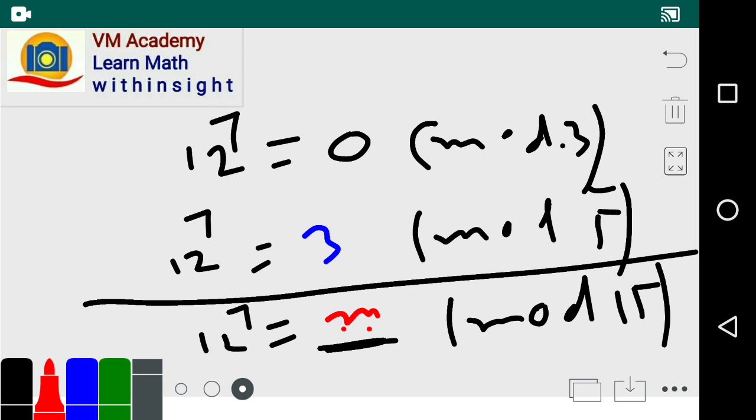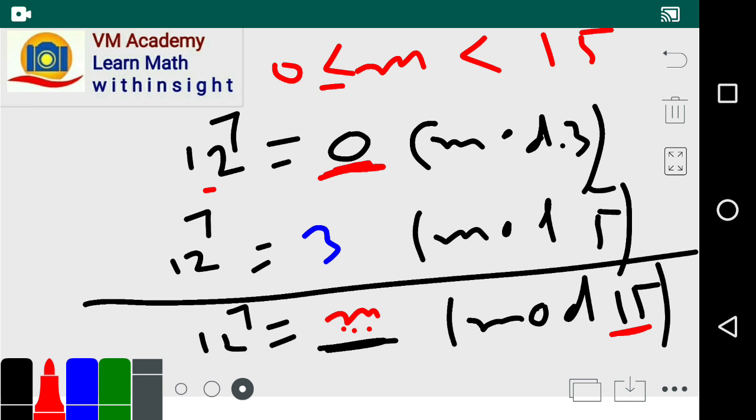This m lies between 0 and 15, because this is the standard remainder, friends. Now 12 raised to 7 and m also satisfy these equations, friends. That means when we substitute m in place of 12 raised to 7, it is also congruent to these.